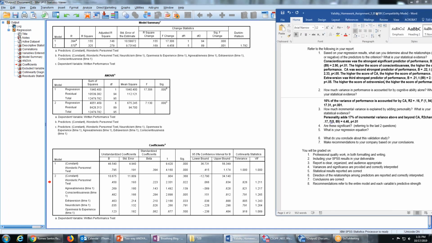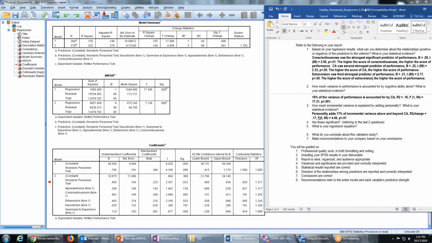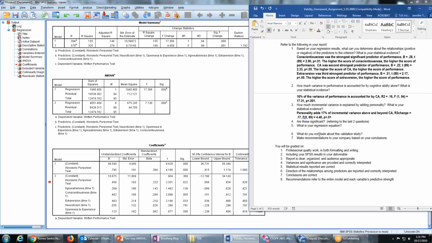Okay, so now back to the work of writing the regression equation. So performance equals B, you would subscript that, plus, what am I thinking? Hold on. You actually put it in there. The constant is 10.675.